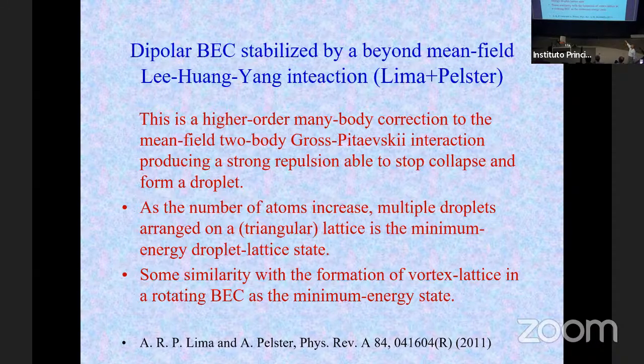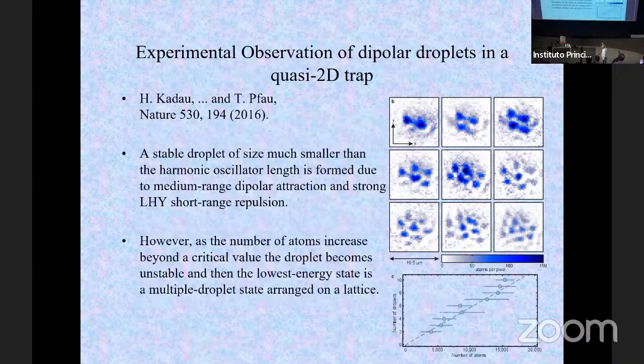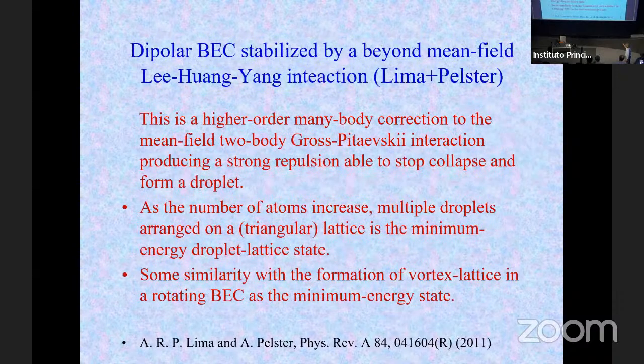In all studies here, the dipole moment is perpendicular to the plane of the lattice, always. So in the plane where the lattice is formed, these droplets are repulsive. So they stay apart and the trap keeps them together.